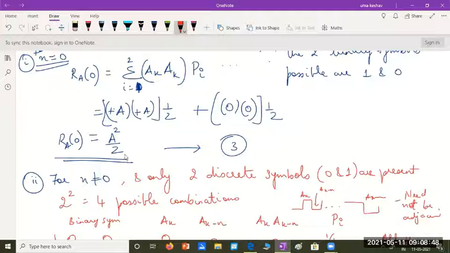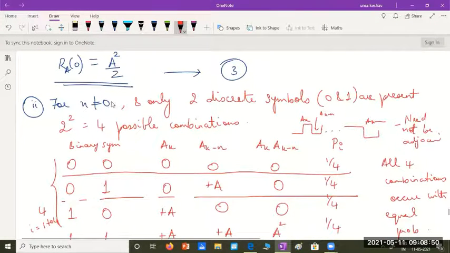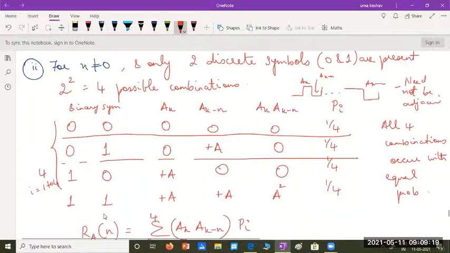Then for N not equal to 0, as usual, with two discrete symbols, we'll have four possible combinations. Remember, we are not considering that these symbols should be adjacent. They can be anywhere. N can be anything which is not 0, that's all. So the two symbols need not be adjacent, and their values can vary as either 0, 0, 0, 1, 1, 0 or 1, 1.